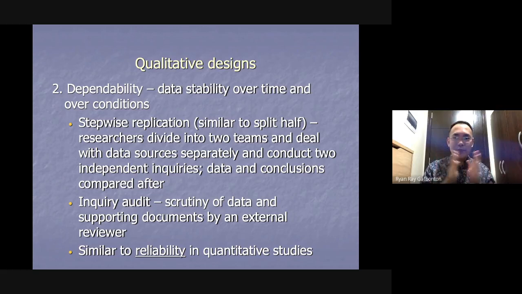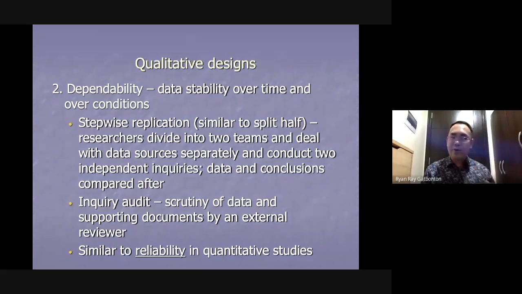So two teams will collect data, hahatiin sa dalawa. They will collect their own and then try to replicate what they did over the other group and then compare their findings. Compare data. Dependability can also be achieved by an inquiry audit.